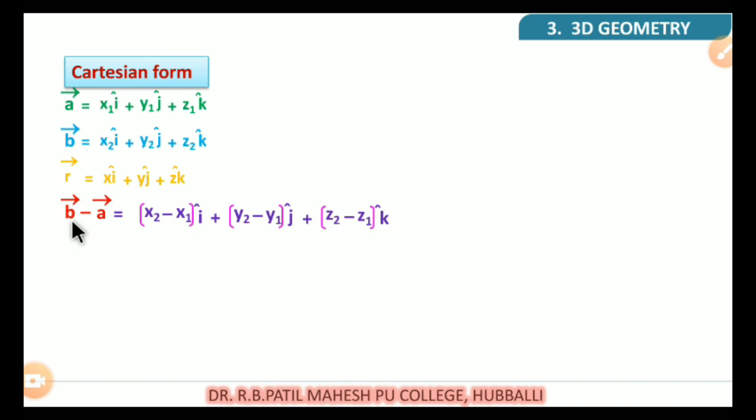It is the value of vector b minus vector a. Now consider the vector equation of the line in second form, that is vector r is equal to a plus lambda into the bracket of b minus a vectors.